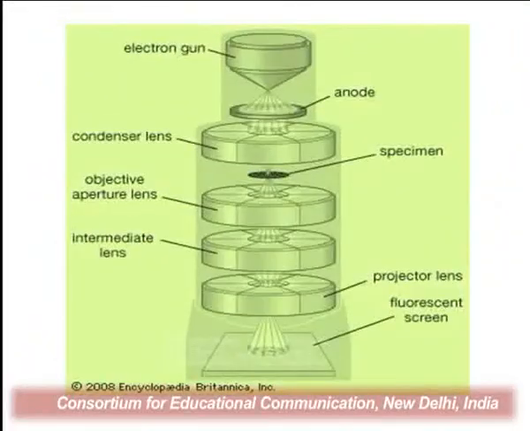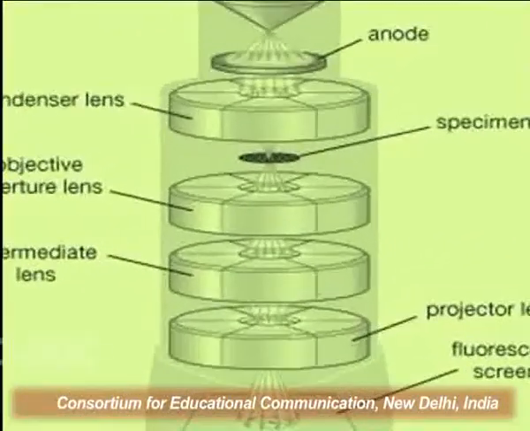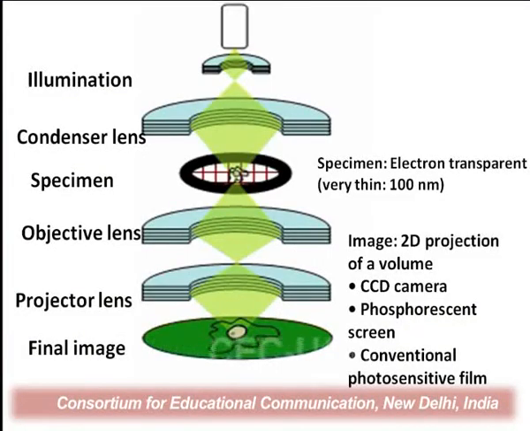So on the screen we have a diagram, and we can see it more clearly in the next slide. We see here the various parts and instruments used in transmission electron microscopy. At the top there is an electron beam which passes from the anode, then falls upon a condenser lens, and there is a specimen between the condenser lens and the objective lens.